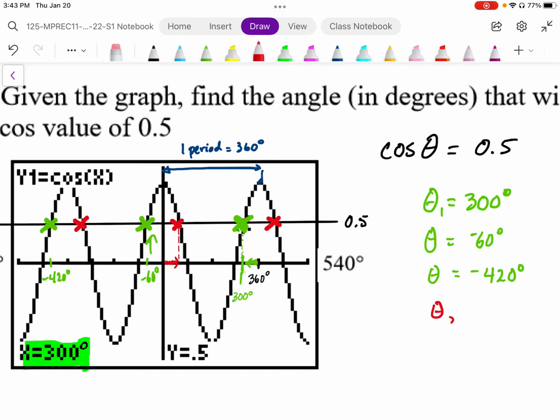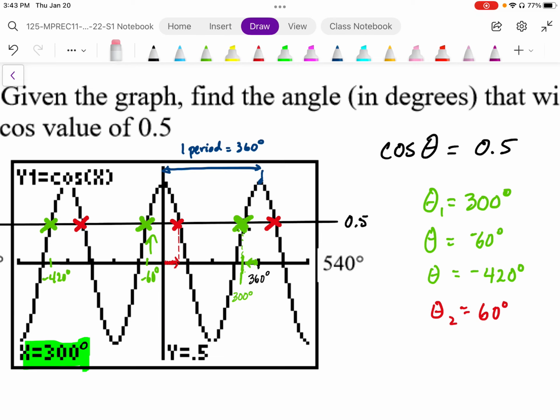Okay, so I'm going to call that theta 2. And we can see that it's symmetrical about the x-axis here. So if I went left negative 60 to get theta 1, I can go right positive 60 to get the first theta 2.